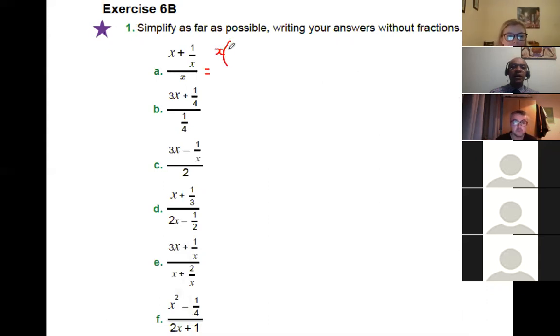So if I do x times x plus 1 over x, I'm going to get rid of that fraction there. But again, to keep the ratio, whatever we do at the top, we need to do the same at the bottom, x times x.